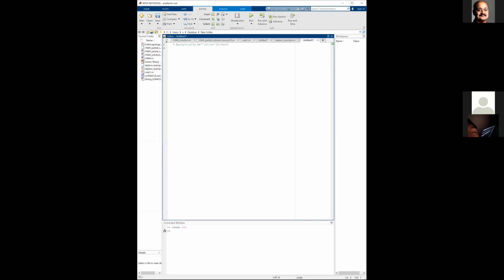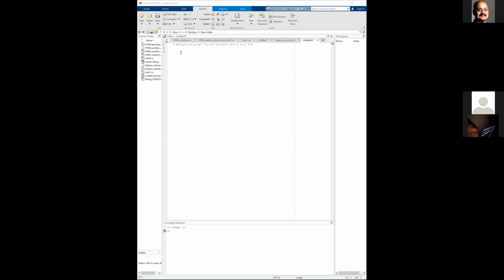And to solve the equation analytically, I'm going to use the value of m is equal to 0.8, the value of c is equal to 3, and the value of k as 8. For that, I have to use the command dsolve. This MATLAB command dsolve is to solve differential equations.